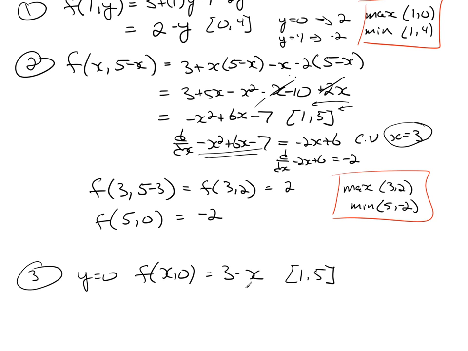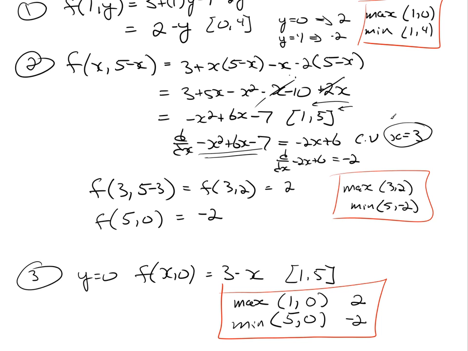So that's going to have a maximum when x is 1, and that max is going to be 1, 0, which is actually 2. And then the minimum is going to be when x is 5. So when x is 5, y is 0, and that's going to give me a negative 2.